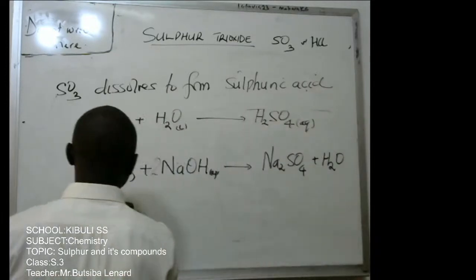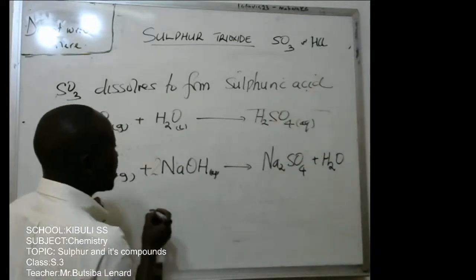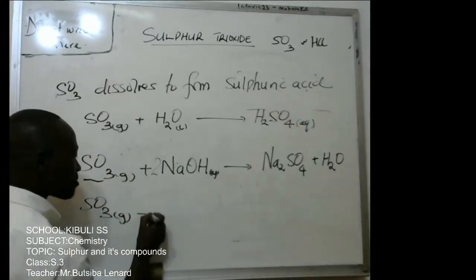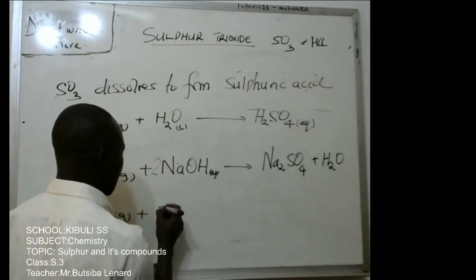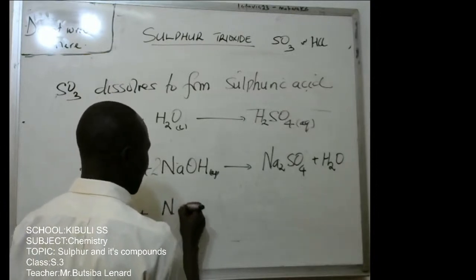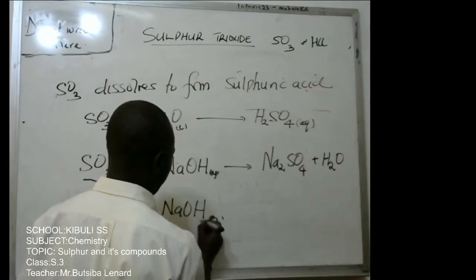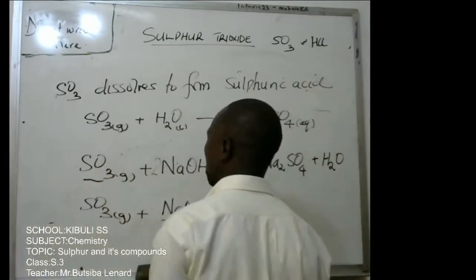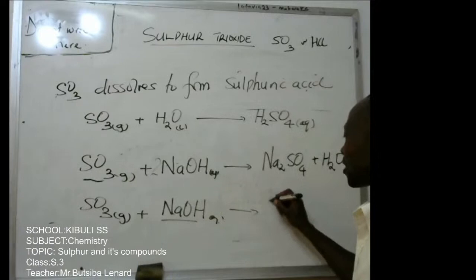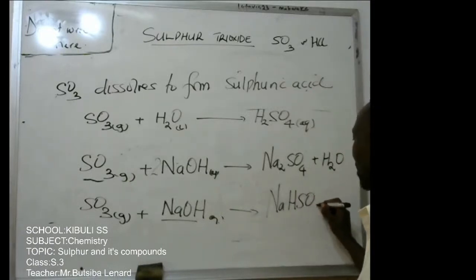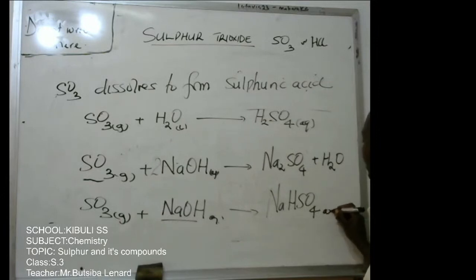Supposing you have given too much food with little sauce, you are saying SO3, I don't have enough sauce, my friend, but food in plenty. So what is the food in plenty? The sodium hydroxide, aqueous. Too much. What do you expect? You are expecting the sodium hydrogen sulfate, aqueous.